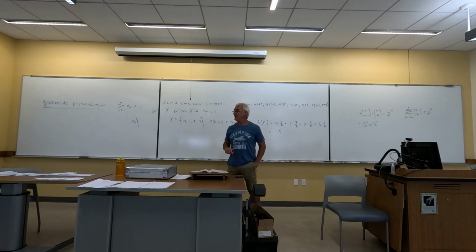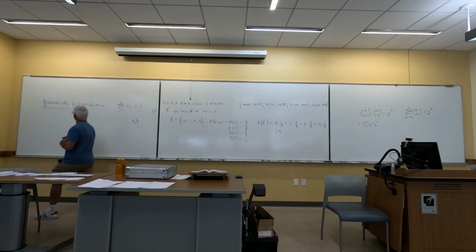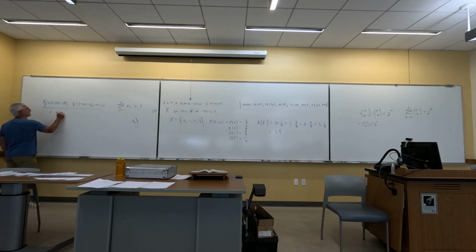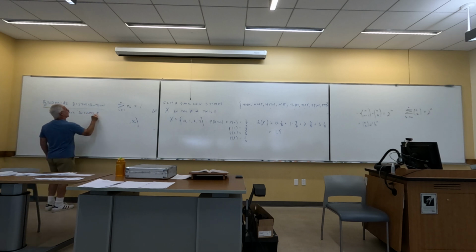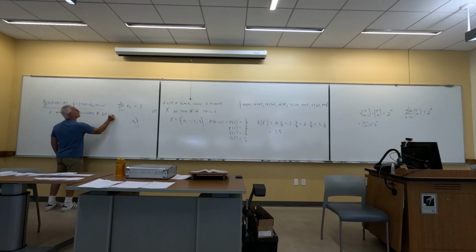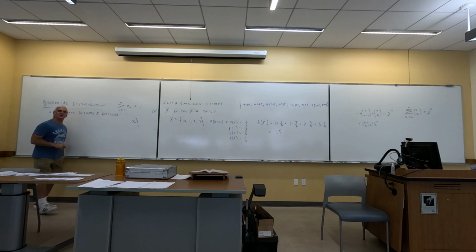Now it's binomial. So the first thing is, for binomial, there can only be 2 outcomes. And we generally call them success and failure. Not because you succeeded or you failed. We call a success the occurrence of the thing you're actually counting. And if it didn't happen, then we call that a fail.